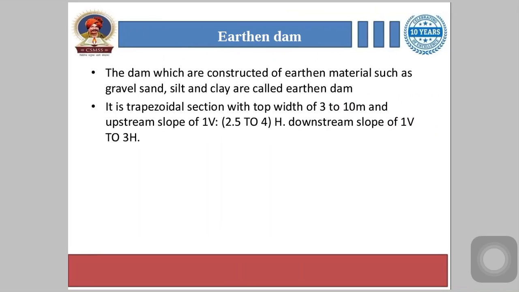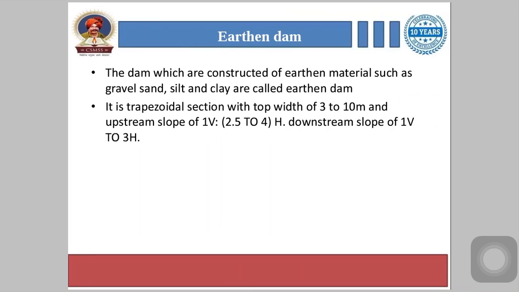It should have good grading, high compacted density, high angle of internal friction and quick drainage. Rocks are used for pitching, also known as riprap, and sand is used for filters, seepage drains and masonry.